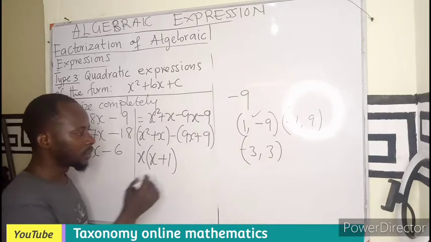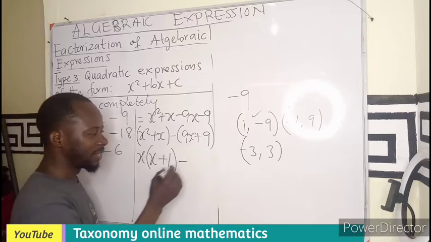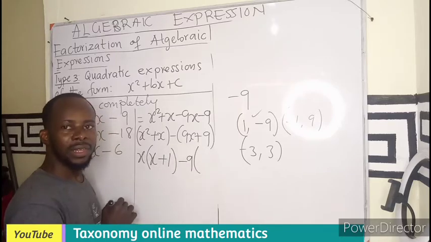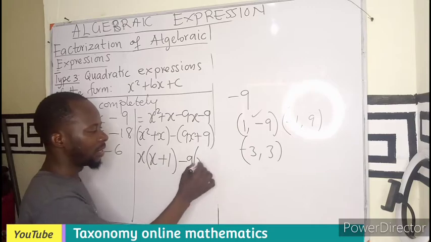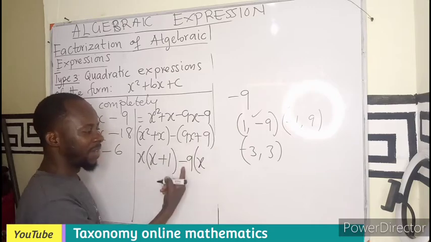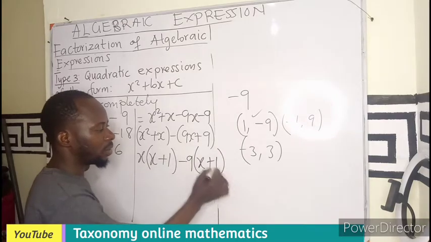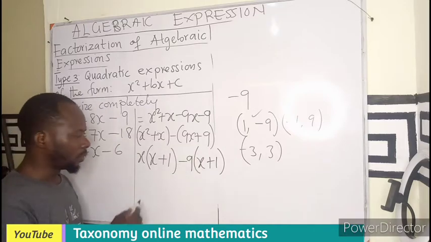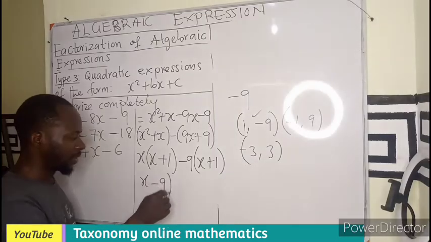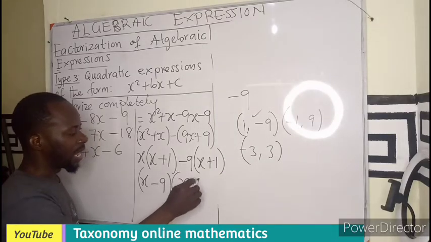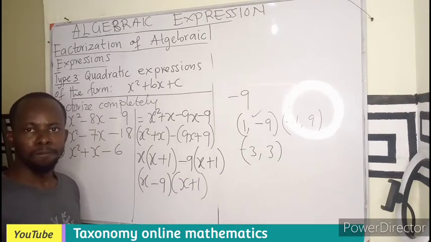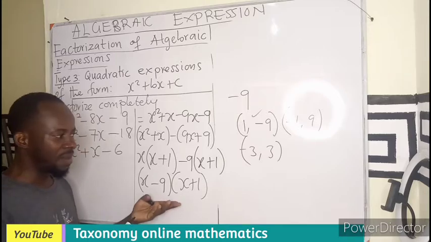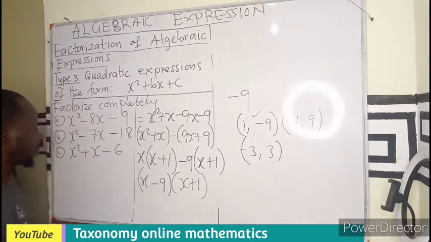Common factor for the second bracket, 9. 9x divided by 9, x. 9 divided by 9, I get plus 1. The bracket is the same. So x minus 9, x plus 1. That gives you your answer as the final answer.